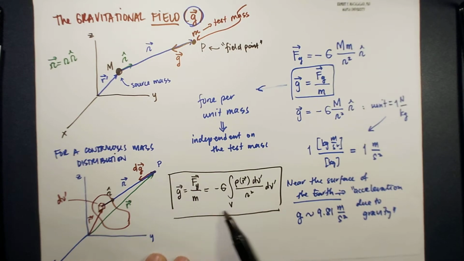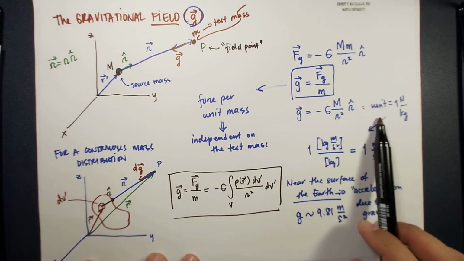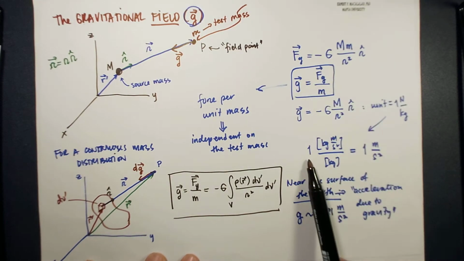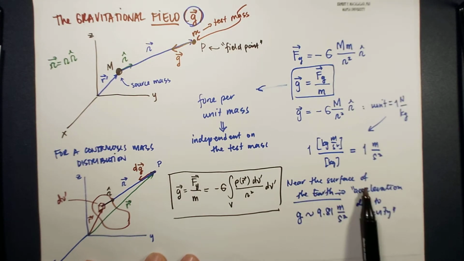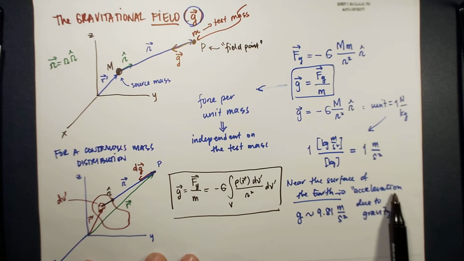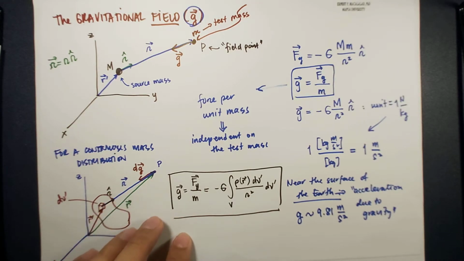For continuous mass distribution, the gravitational field is given by this equation. Because of this equation, we can easily say that the gravitational field has a unit of acceleration. In fact, near the surface of the Earth, we call this the acceleration due to gravity, and it is approximately equal to 9.81 meters per second squared.